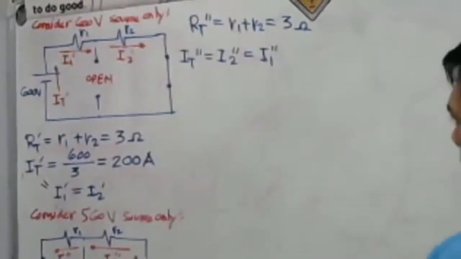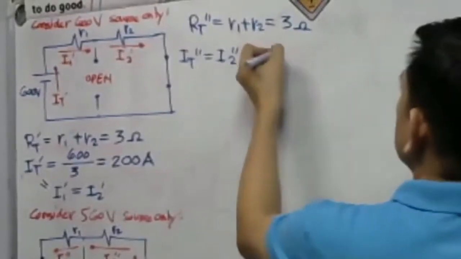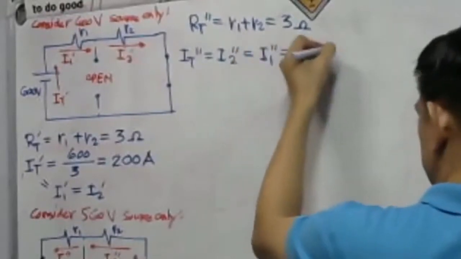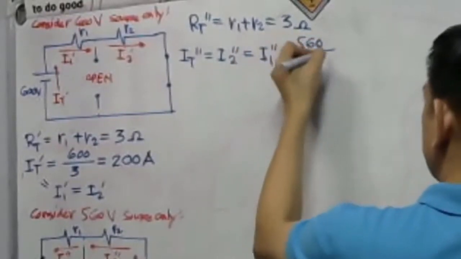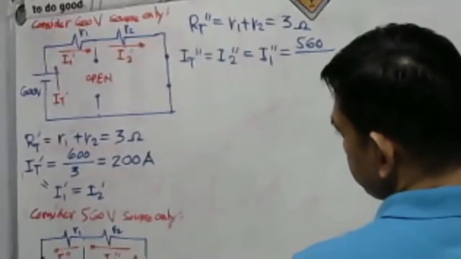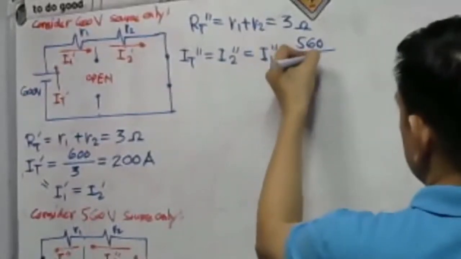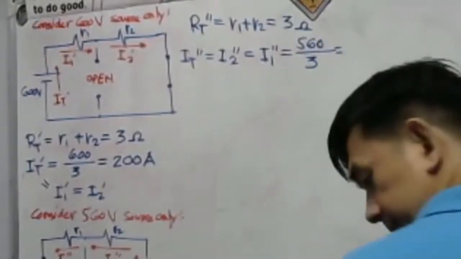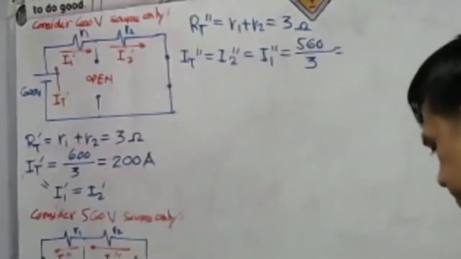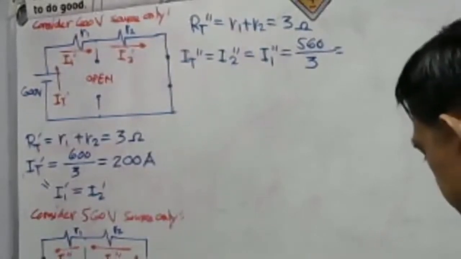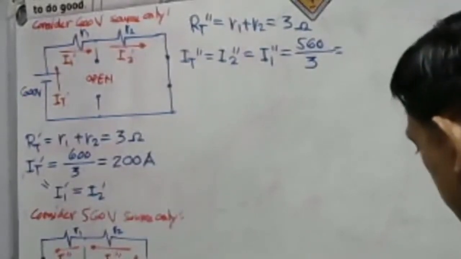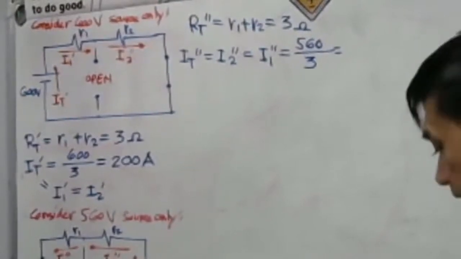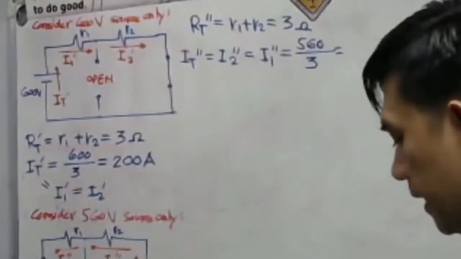That is just a series circuit. So that is equal to 560 volts divided by 3 ohms. 560 divided by 3 is 186.8.